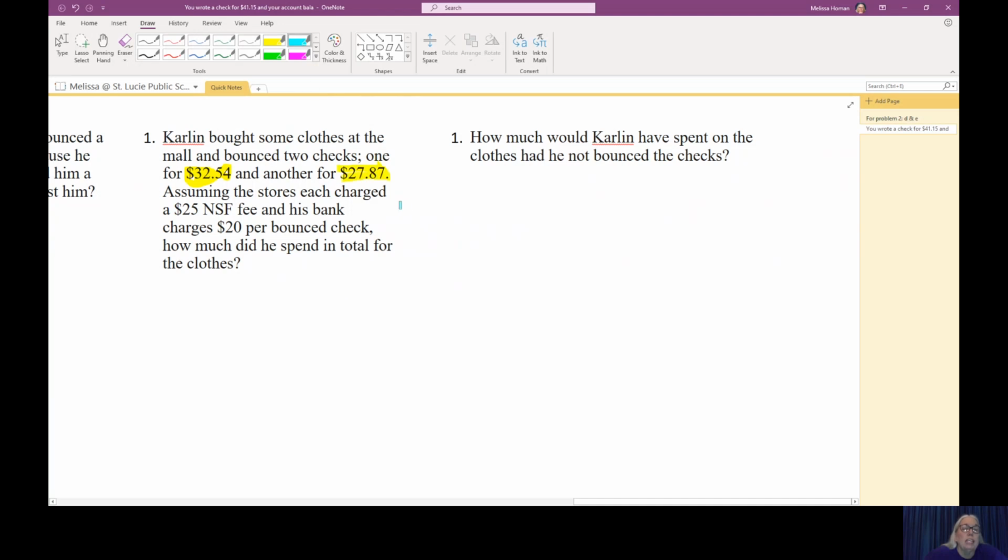Assuming the stores each charged a $25 NSF fee, and the bank charges $20 per bounce check, how much did you spend in total for the clothes? So this one is tricky, but if you want to try the setup for yourself, pause the video and try it now. If you're not sure, or if you're coming back to check yourself, here we go.